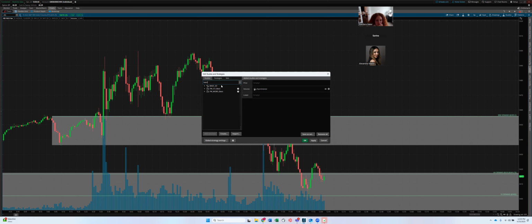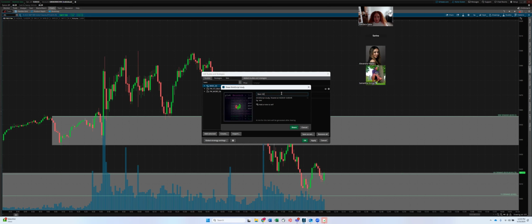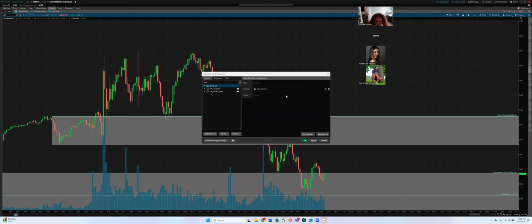Basic SD. Share. Let me name it basic supply. Basic SD indicator. Share. Okay, so is it already copied? Let me see. I'm gonna put it in the chat. Yep, there it is.